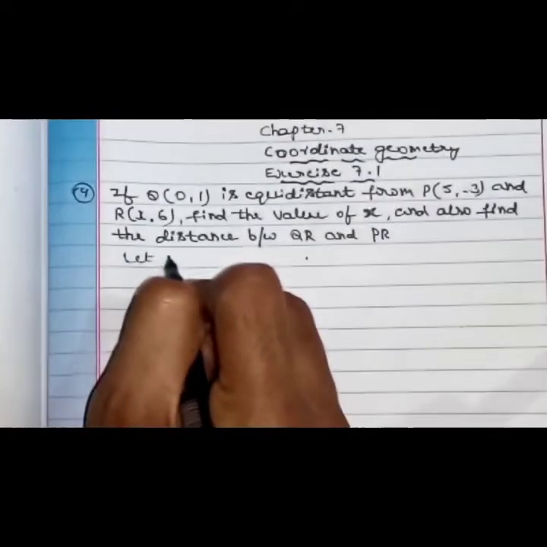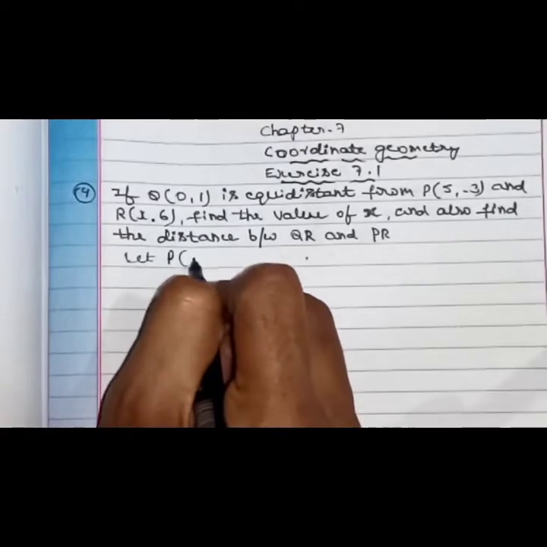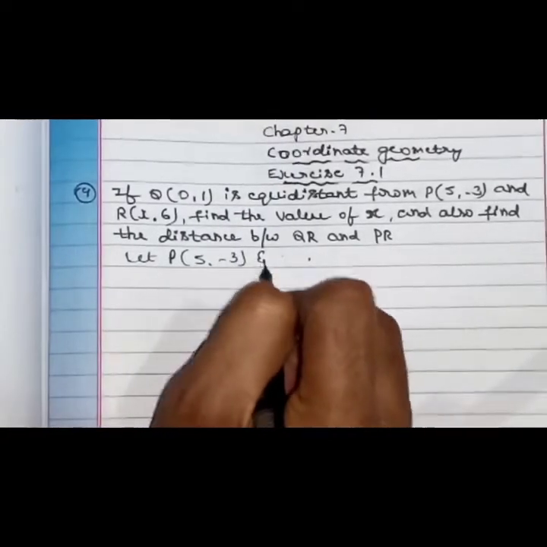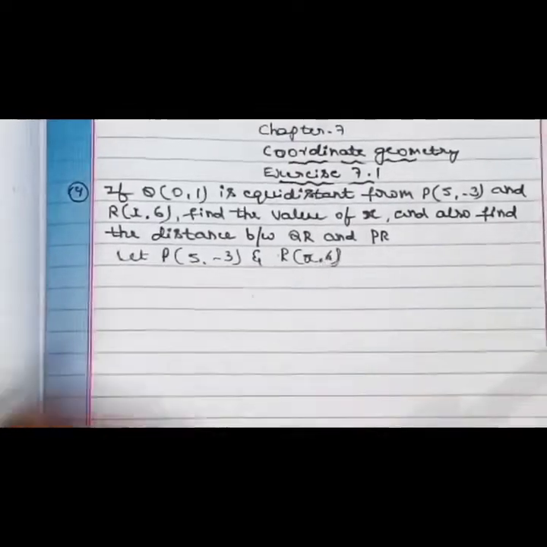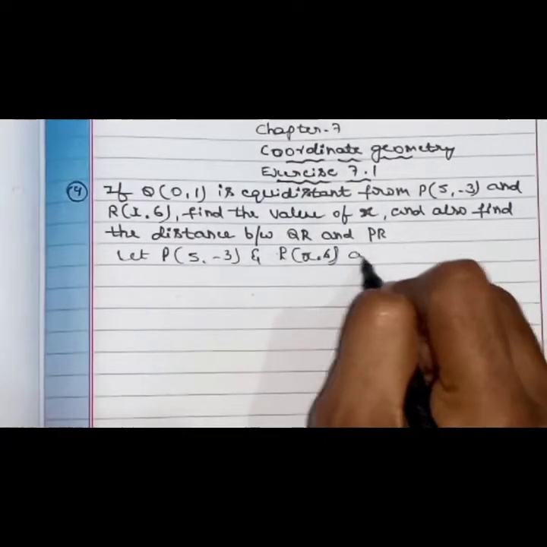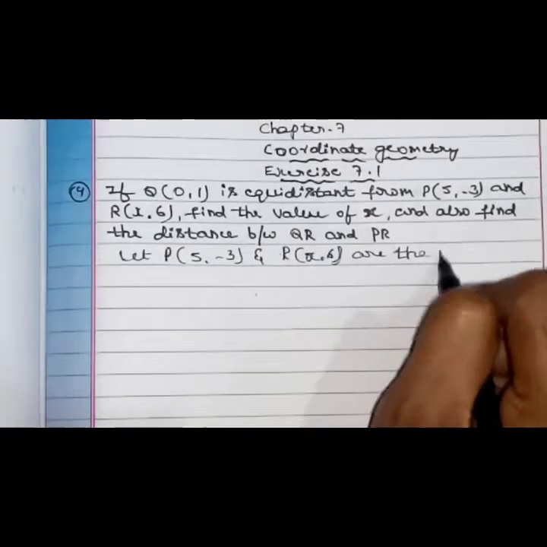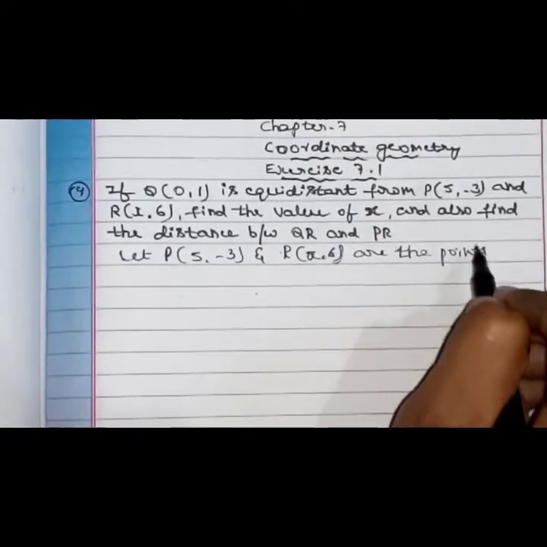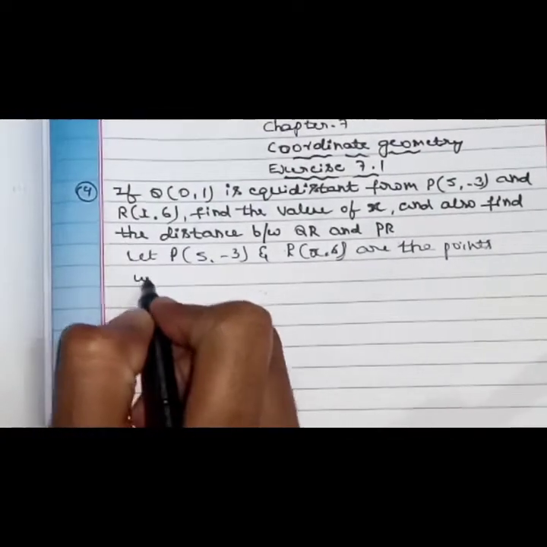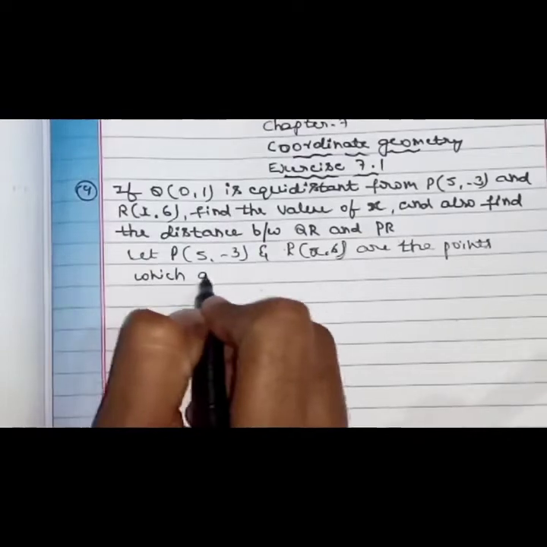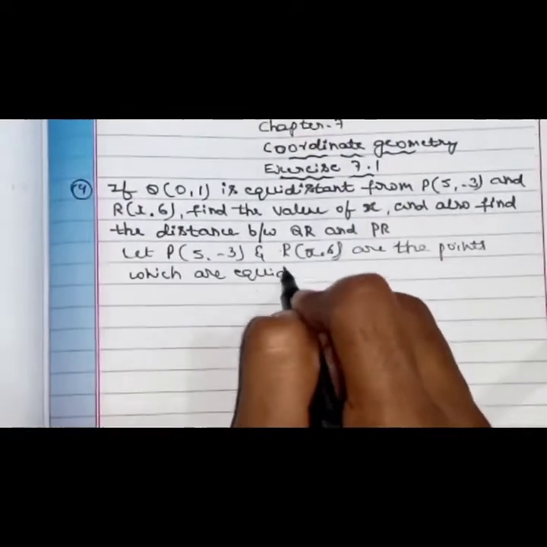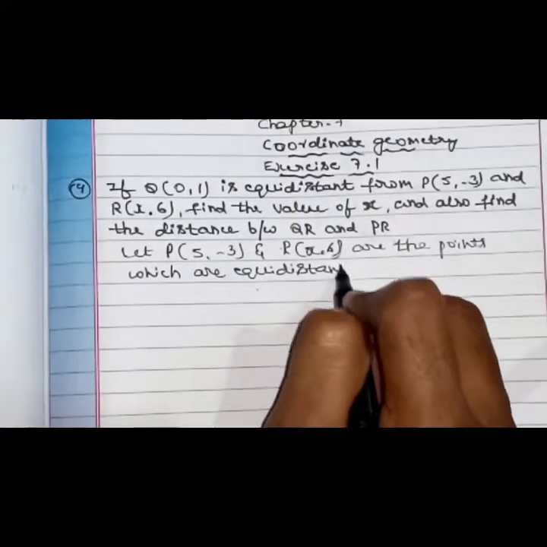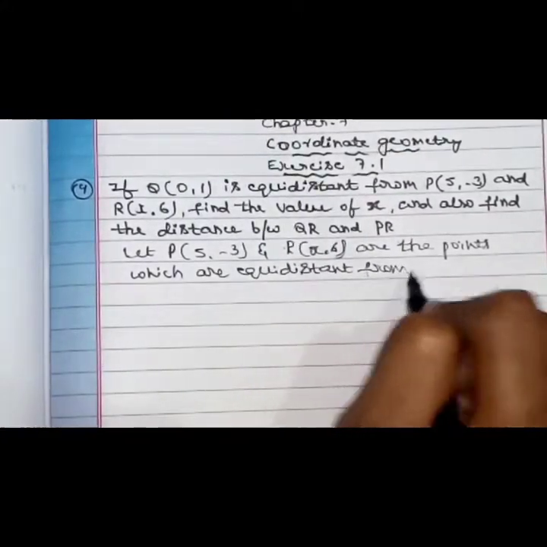Now let P of (5, -3) and R of (x, 6) be the points which are equidistant from which point, children?